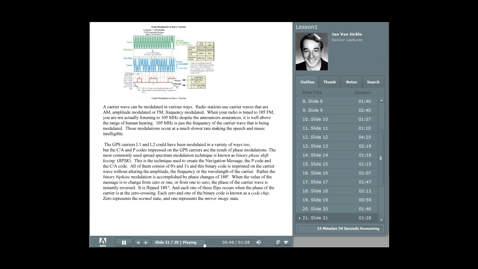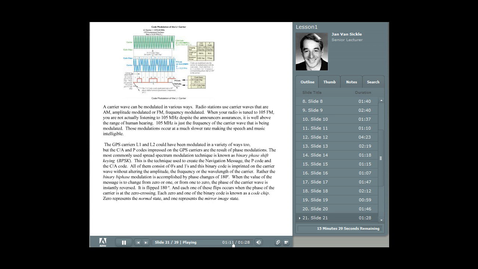Now, the binary phase shift key is the technique used in the navigation message, the P code and the CA code. All of them use these zeros and ones. Now, the binary biphase modulation is accomplished by these shifts in phase of 180 degrees. This is the picture I had earlier of how the sine wave goes up to the middle and then goes right back down again.